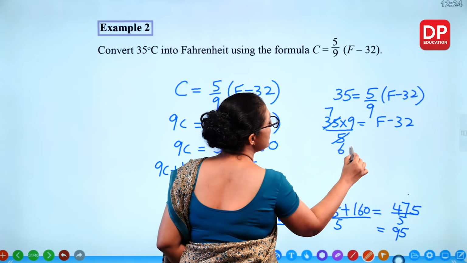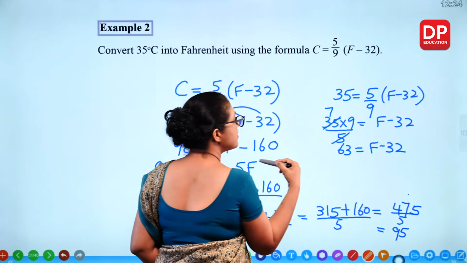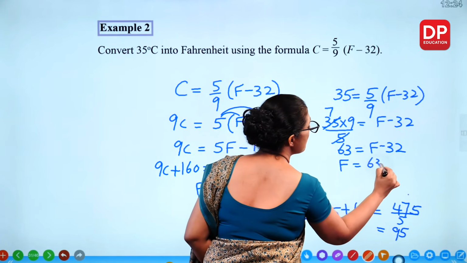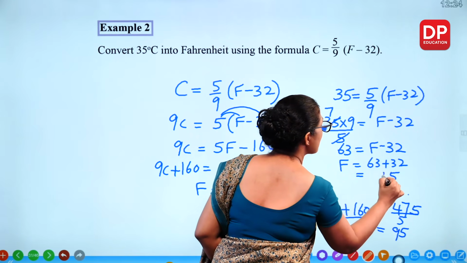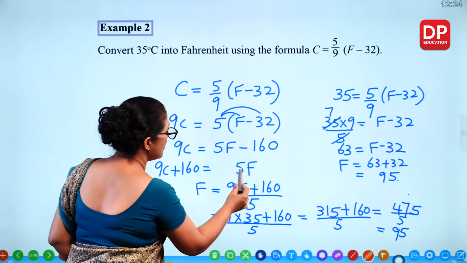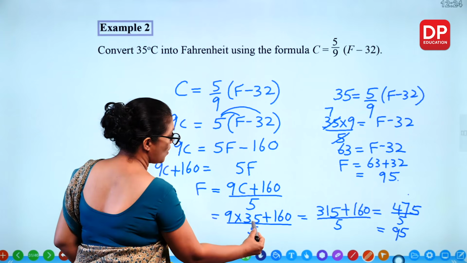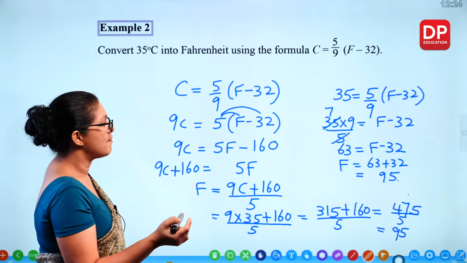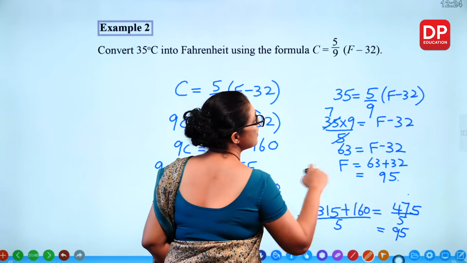So 63 equals F minus 32. Add 32 to that, you get F. 63 plus 32, 95. So here we get this one. You have to multiply 9 times 35 and then simplify. But here you can simplify easily and get the answer.